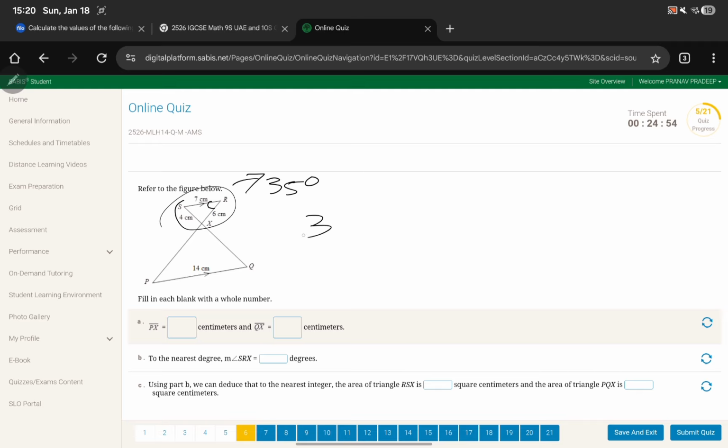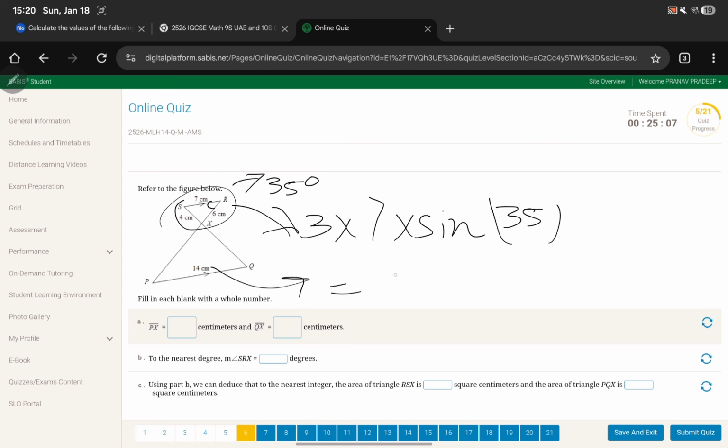Let's take half of 6, that'll be 3 times 7 times sine 35 for this, and for this triangle it's going to be half of 12. This PX is 12, so it's going to be 6 times 14 times sine, if this angle is supposed to be 35.